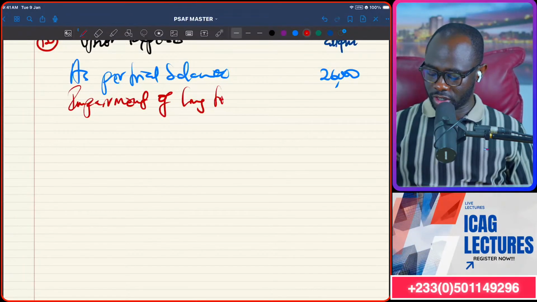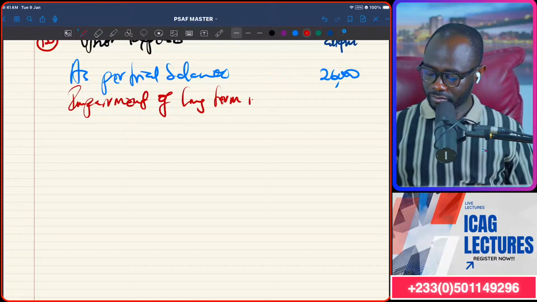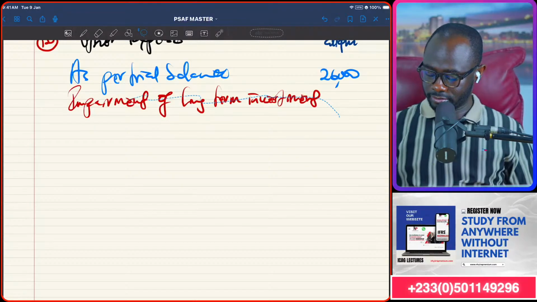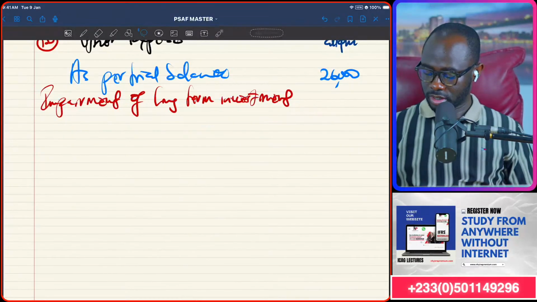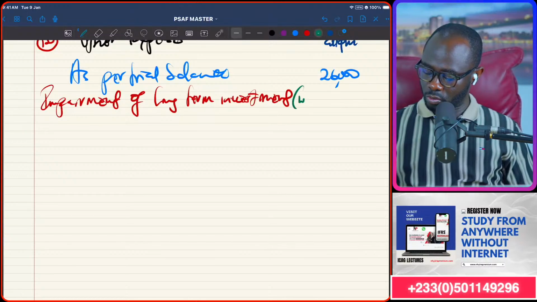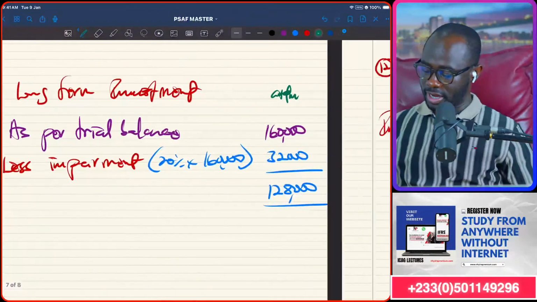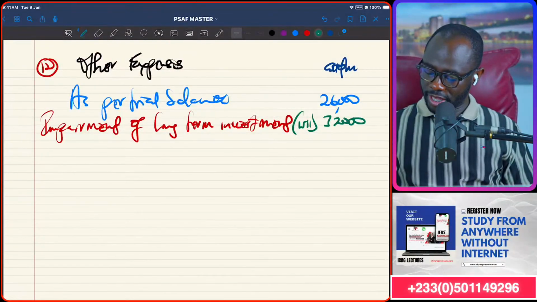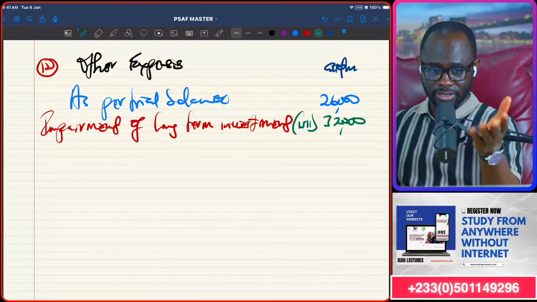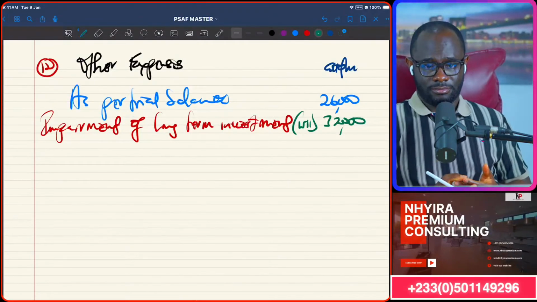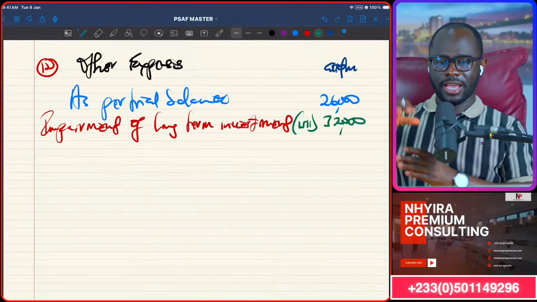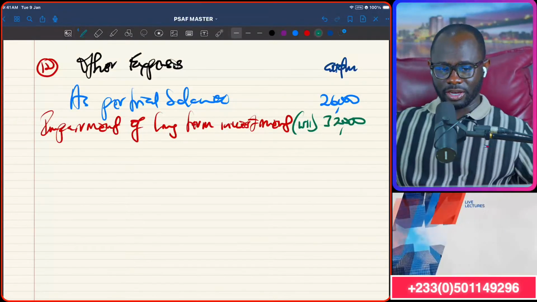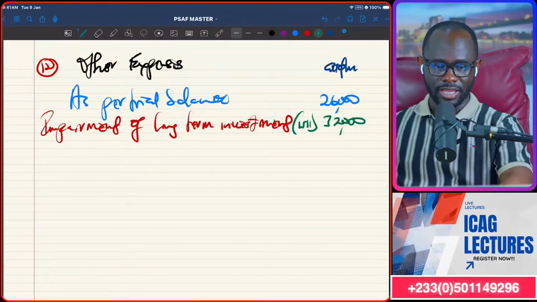So impairment of long-term investment, and that is going to be workings 11, 32,000. So again, the double entry is to debit the expenses or debit the statement of financial performance, and then we credit the long-term investment. Okay? We credit the long-term investment. That is the idea in respect of this.